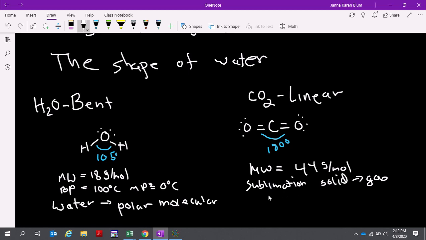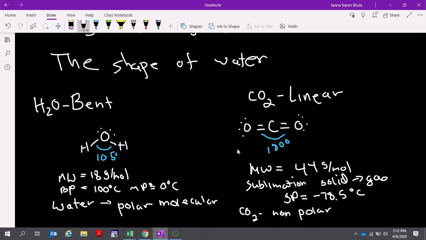Carbon dioxide undergoes sublimation. The sublimation point, or SP, is at negative 78.5 degrees C at 1 atmosphere. The other thing about carbon dioxide is it's nonpolar. So pretty distinctive differences between these 2 molecules.